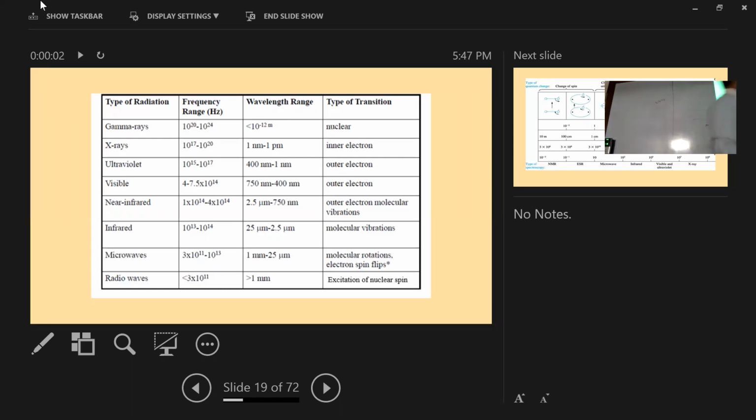Well, I should draw again. This is our sodium, this is 2 electrons. If you apply X-ray to this sodium, this electron can be ejected from here, 1 electron from the core.